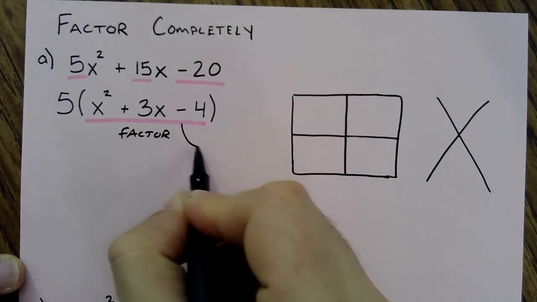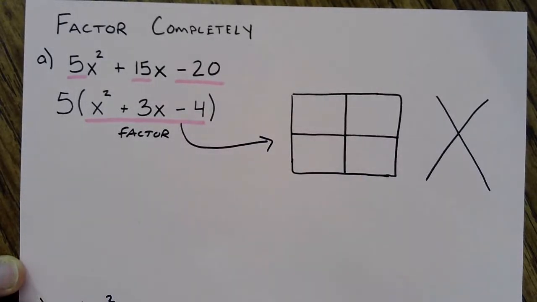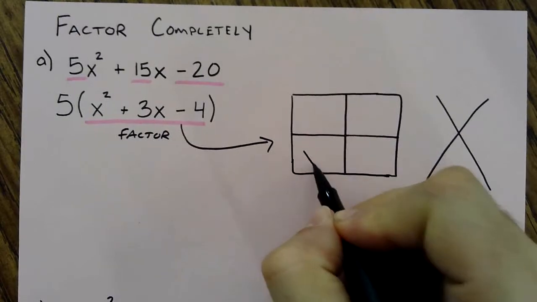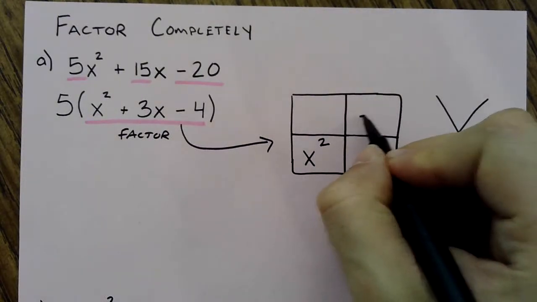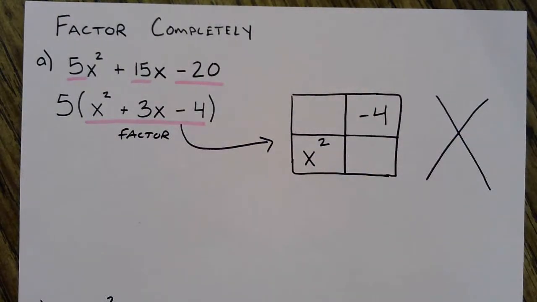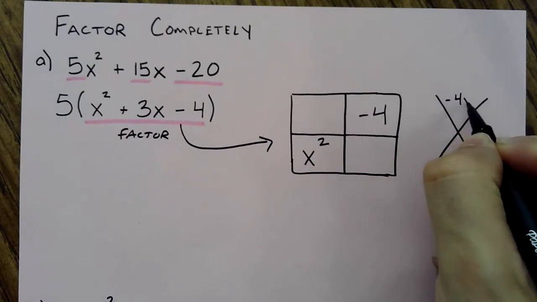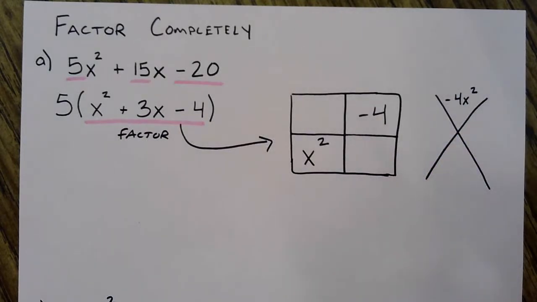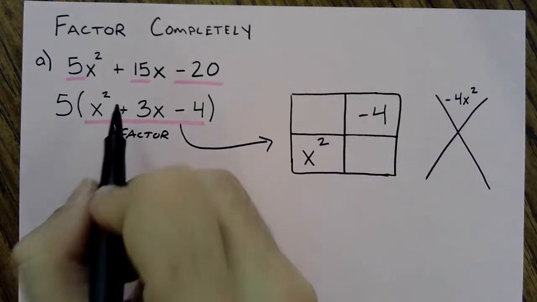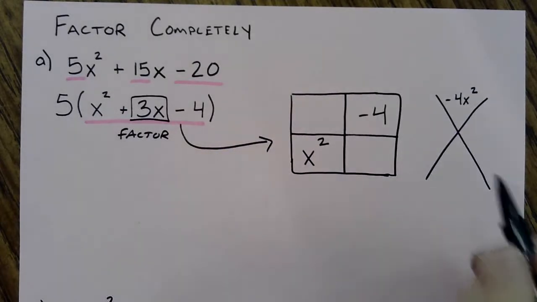So this is going into our generic rectangle. x squared and negative 4 will be in our two diagonal squares of the generic rectangle. x squared times negative 4 gives us negative 4x squared. And we know it has to add to our middle term 3x.